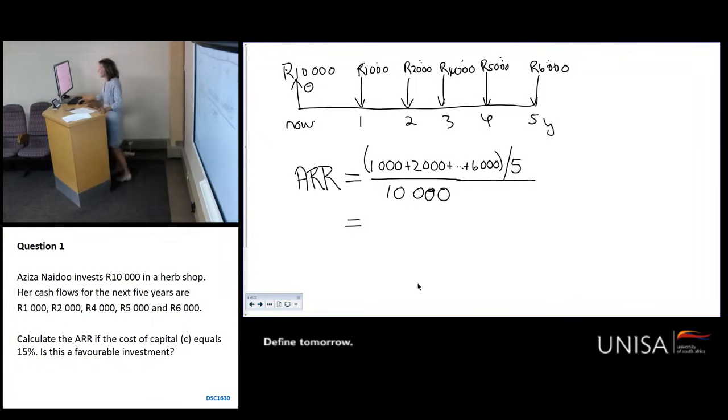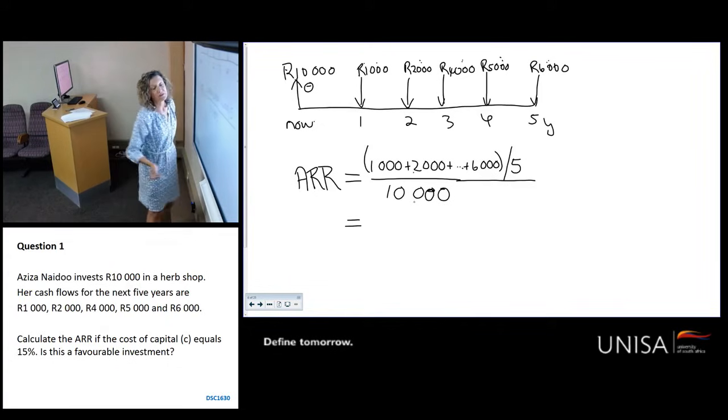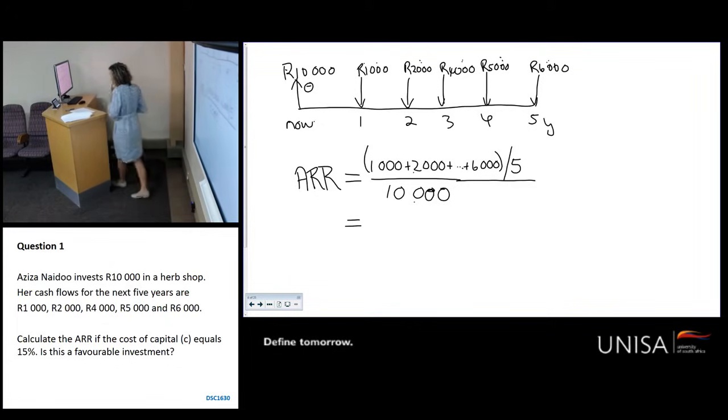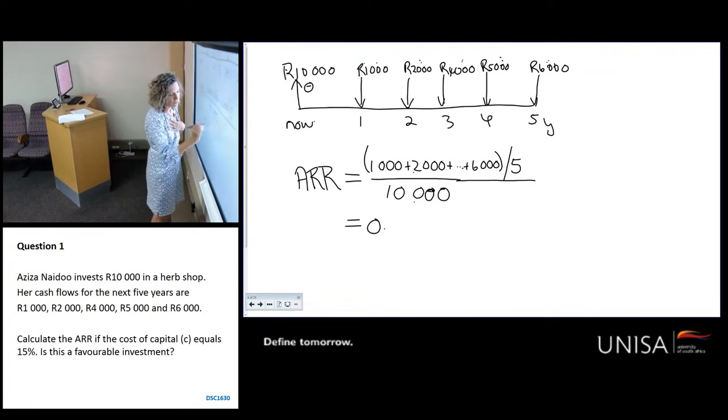Right, and if you use your calculator, be careful. First work out the average and then divide it by 10,000 Rand. So we get an average rate of return of 0.36.